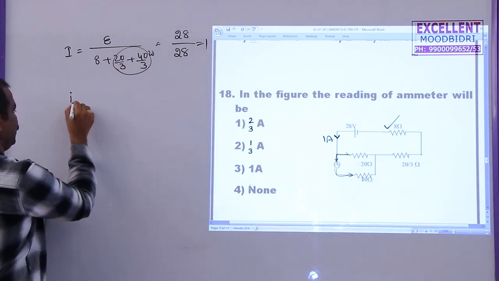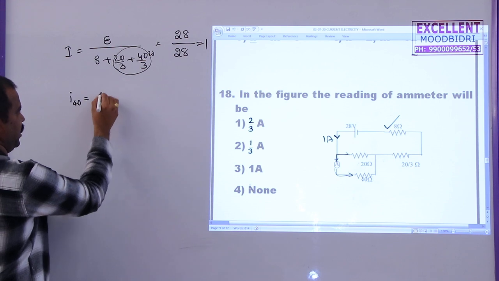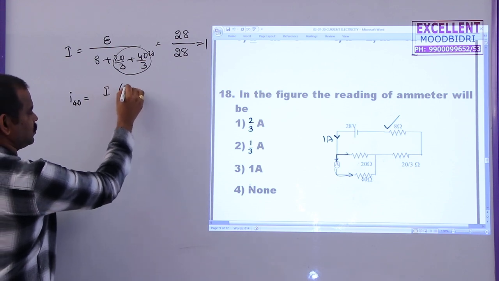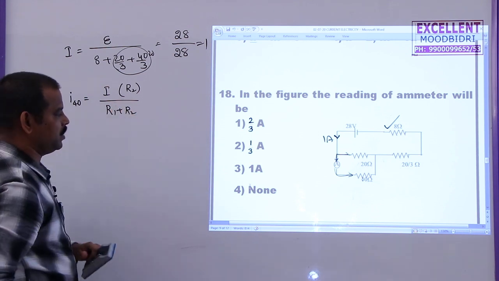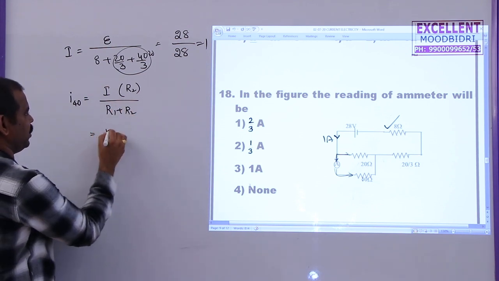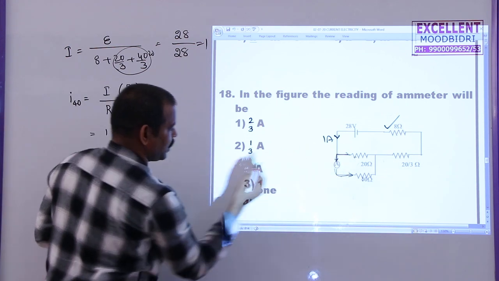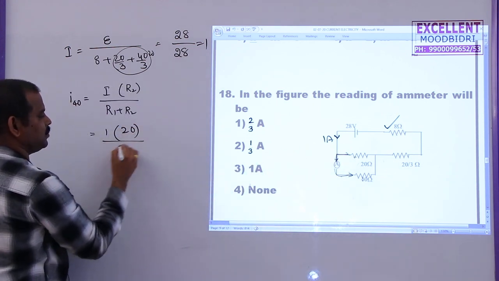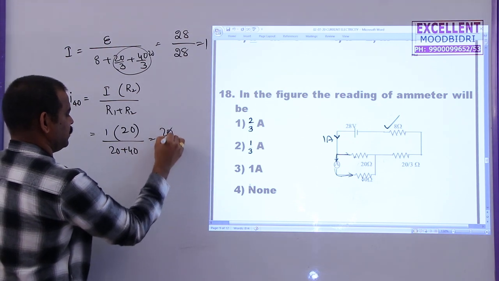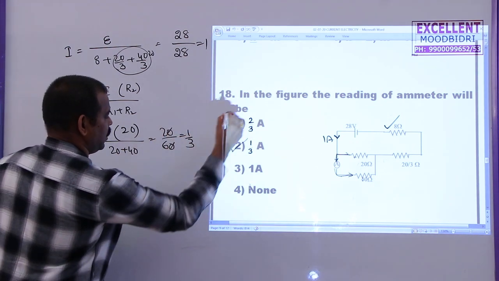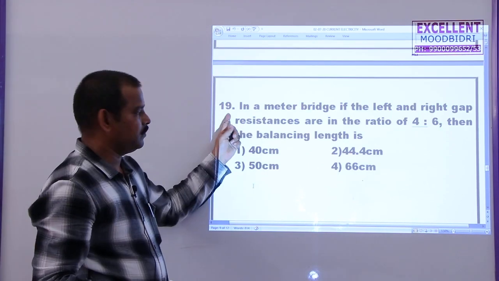So the current through the ammeter, that is I40, is given by main current into resistance in the other branch by sum of the two resistors. This is the branch current formula. So you can write here 1 into resistance in the other branch, which is 20, by sum of the resistors, 20 plus 40. So this is 20 by 60 or 1 by 3. Option 2 is correct.